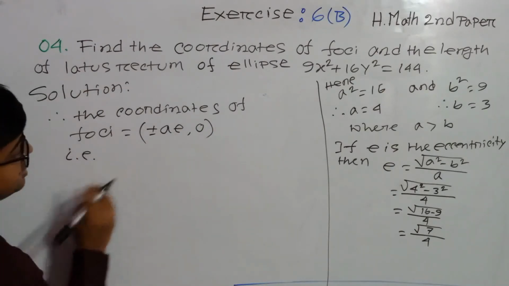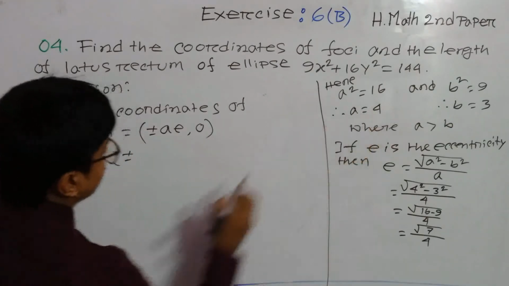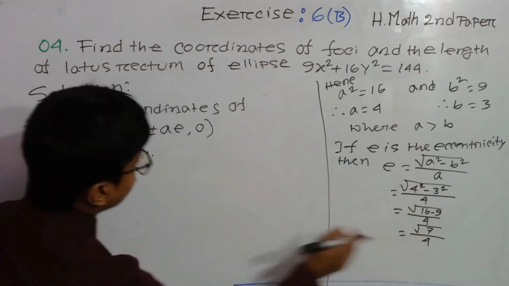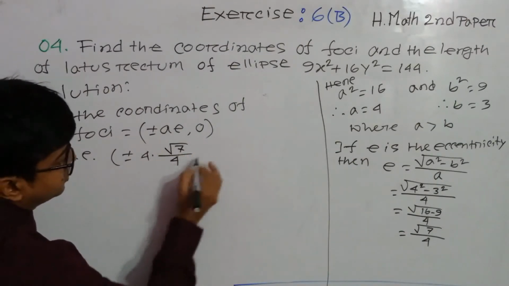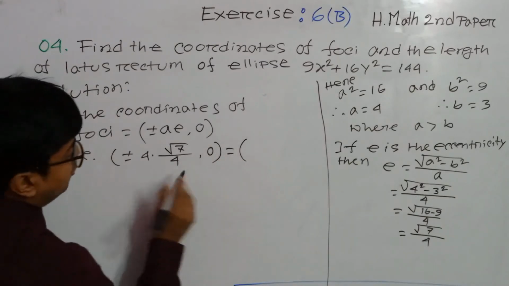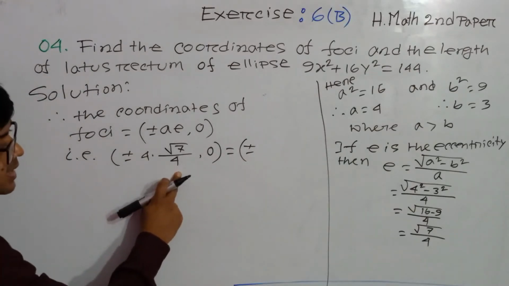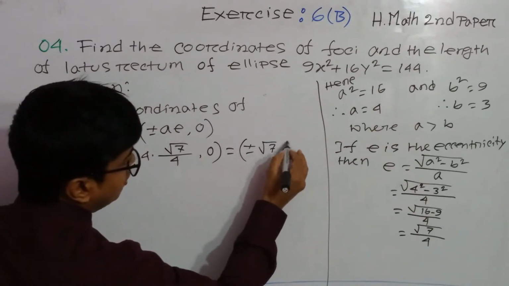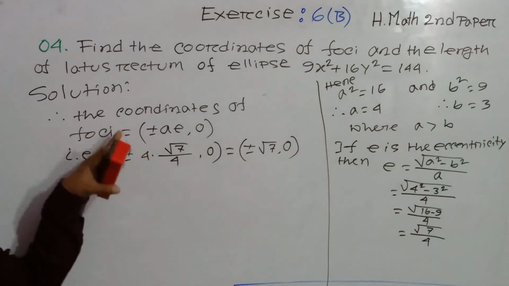That means plus minus, here a equals 4, so we can write 4 into e, where e equals root 7 by 4, comma 0. Our required answer is plus minus, here 4 and 4 cancel, and after calculation it will be root 7, comma 0. This is the result for the foci.